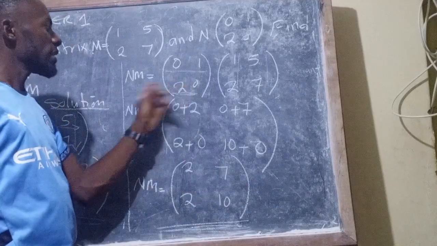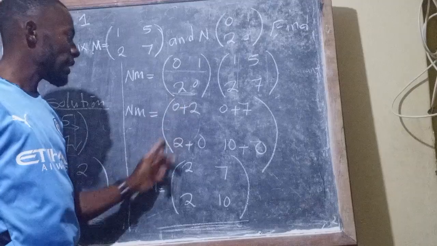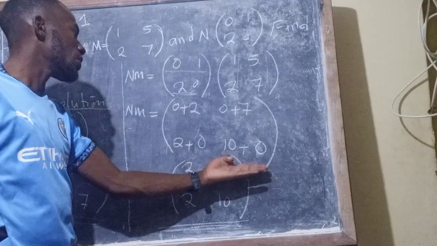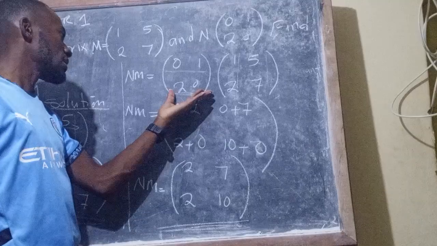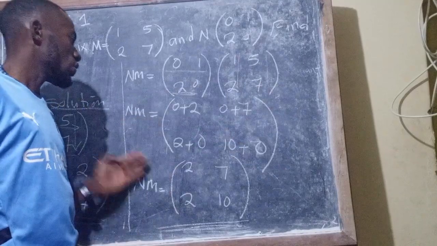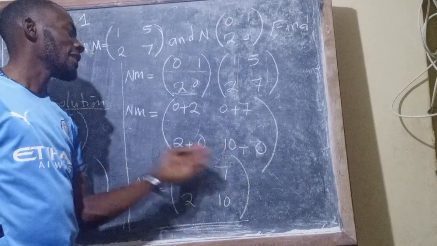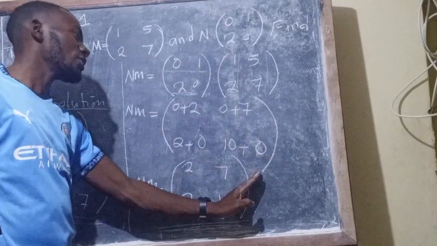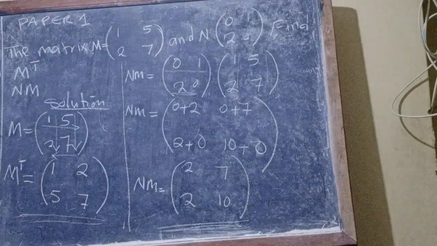Then we come here, second row, first column, so you're going to have the number that is in the second row but still in the first column. Then again, second row times second column, so it should be in the second row and also in the second column. And this is how the numbers are going to line up.